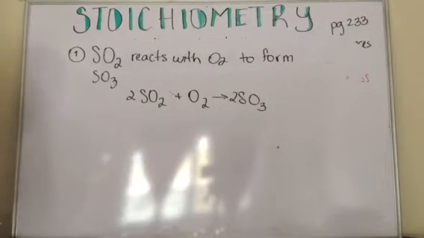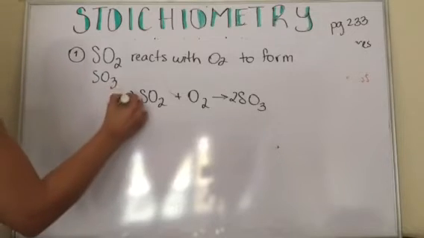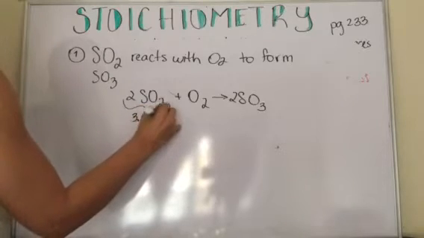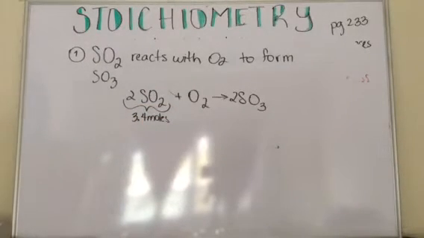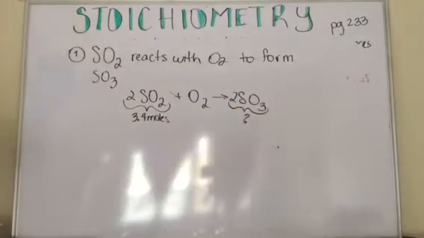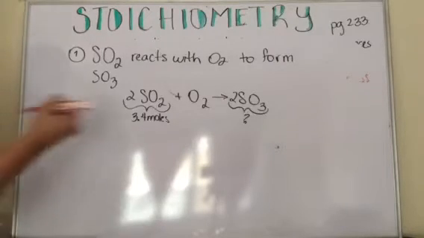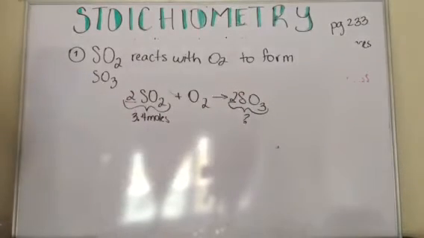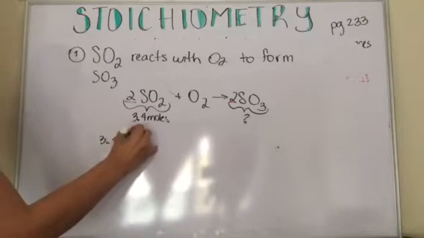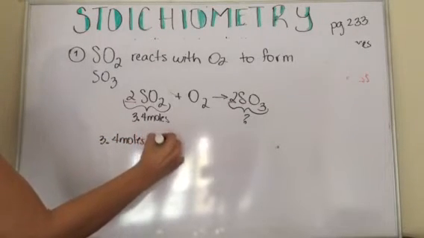And this exercise is telling me that if I have 3.4 moles of SO2, how many moles of SO3 am I going to produce? If I have 3.4, we're going to convert. These numbers are very important in stoichiometry. So I have 3.4 moles of SO2.